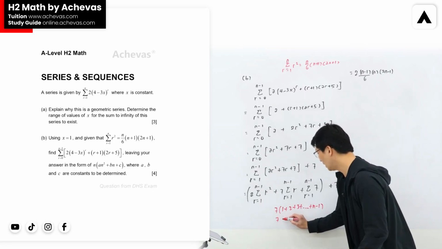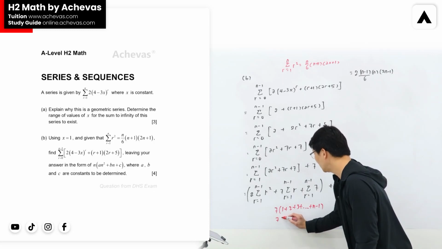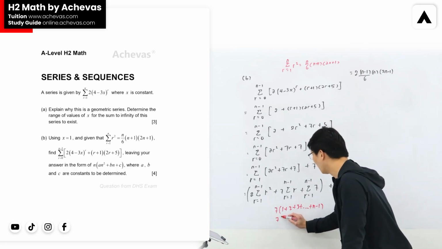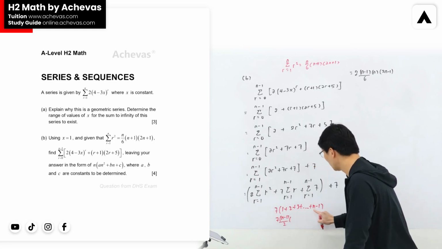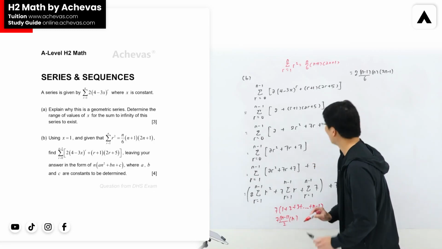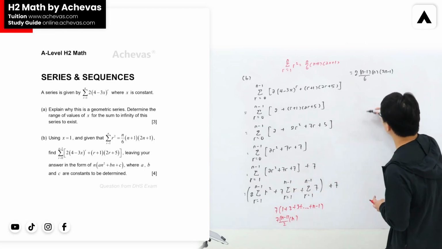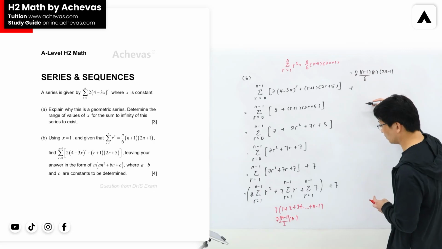In this case, there's a total of n minus 1 terms. So I will end up with n minus 1 over 2, a plus l, this plus this, I will end up with n.